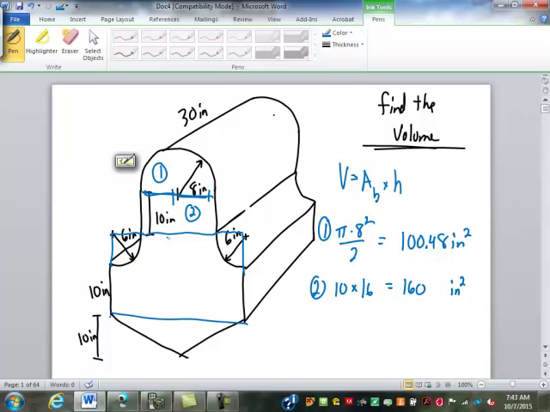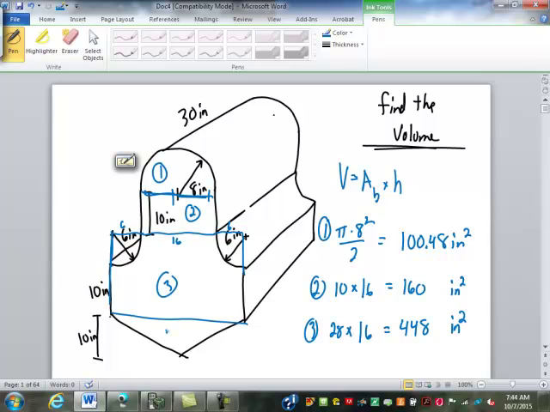Next, this is 16 plus 6 plus 6 is 28 by, well, 10 plus 6 is 16, which is going to give me what? 448? Does that sound right?